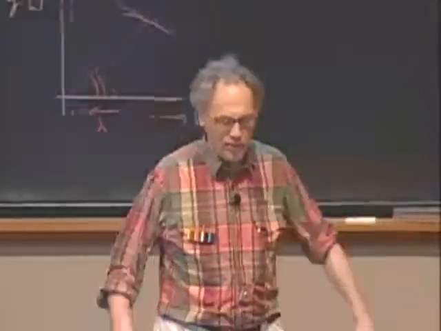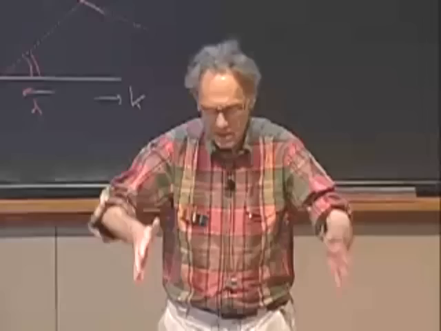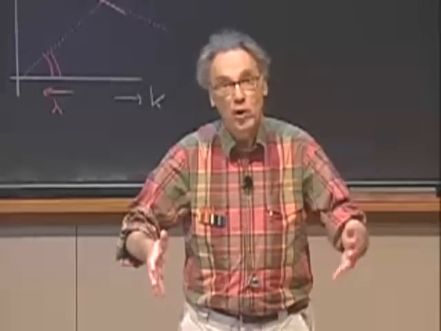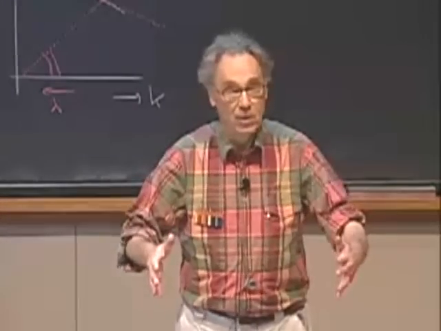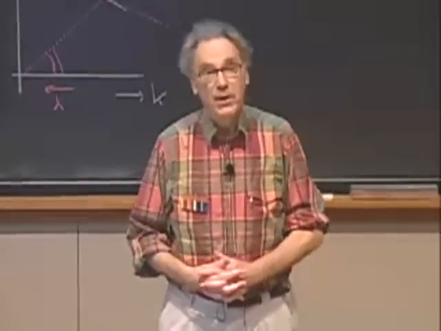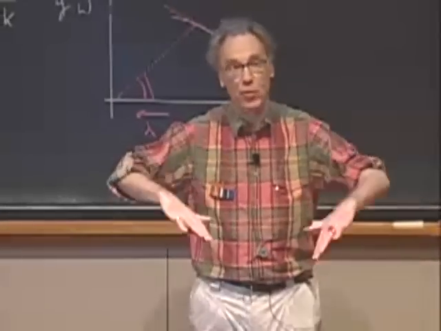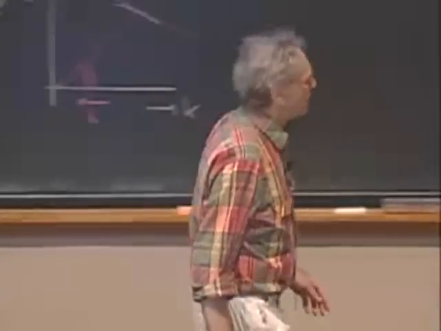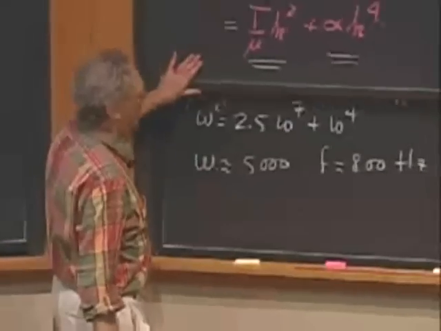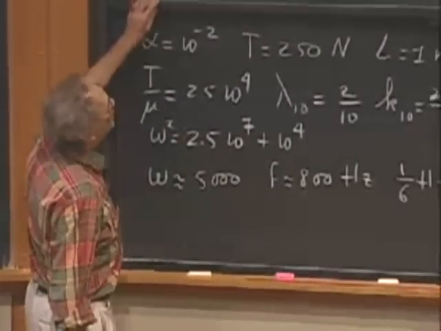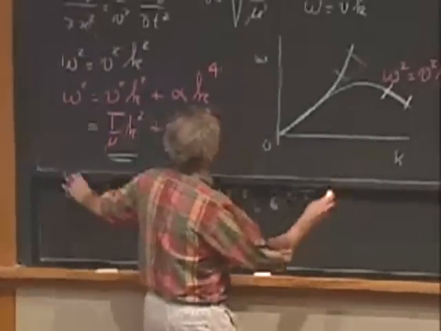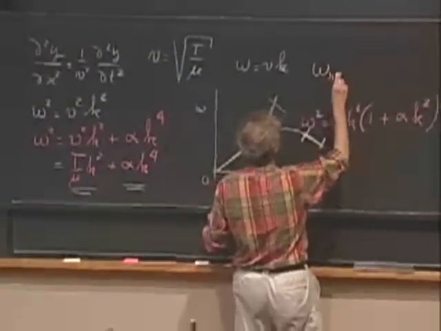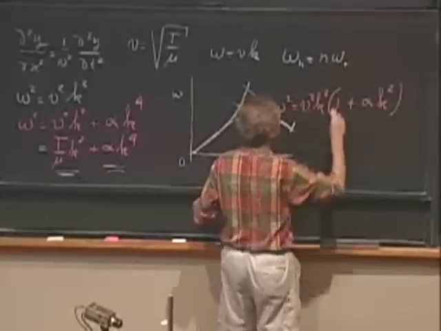And you say to the Fourier analysis, okay, show me what happens if we look in time. Then each one of those Fourier components is going to oscillate with its own frequency. And because that was non-dispersive, we always used that omega n was n times omega 1.